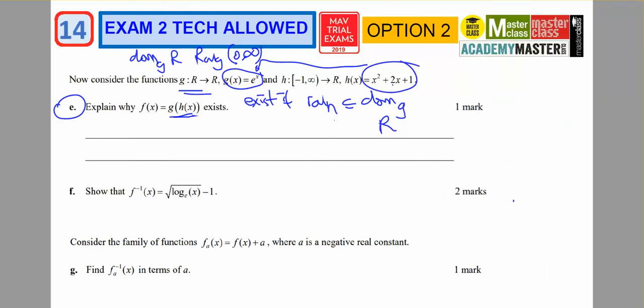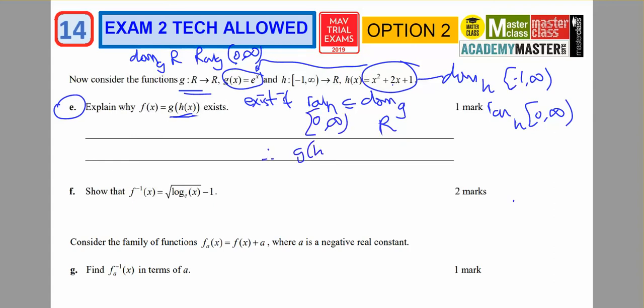So it's got a domain of H of -1 to infinity, and the range of H is 0 to infinity. Therefore, G of H of x exists.